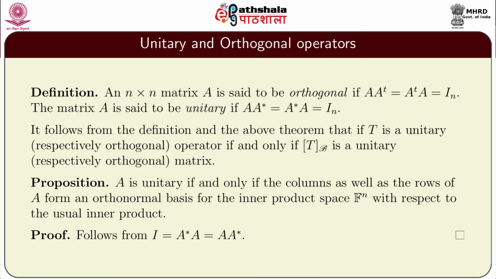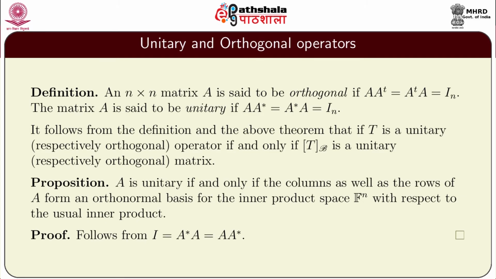It follows from the definition and the above theorem that T is a unitary, respectively orthogonal, operator if and only if the matrix representation T_B is a unitary, respectively orthogonal, matrix.